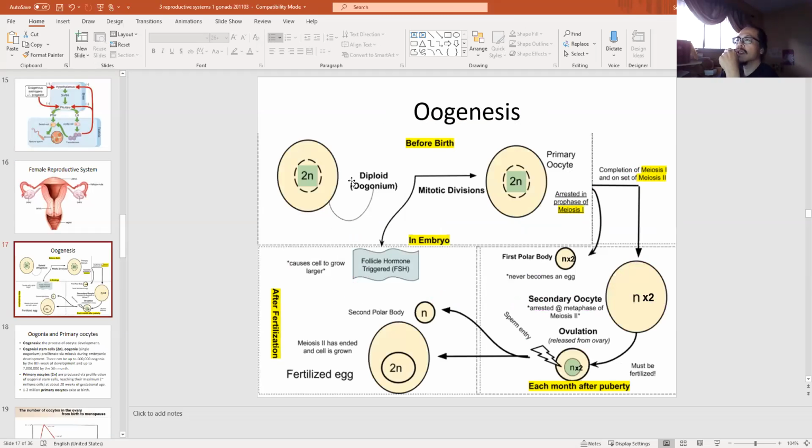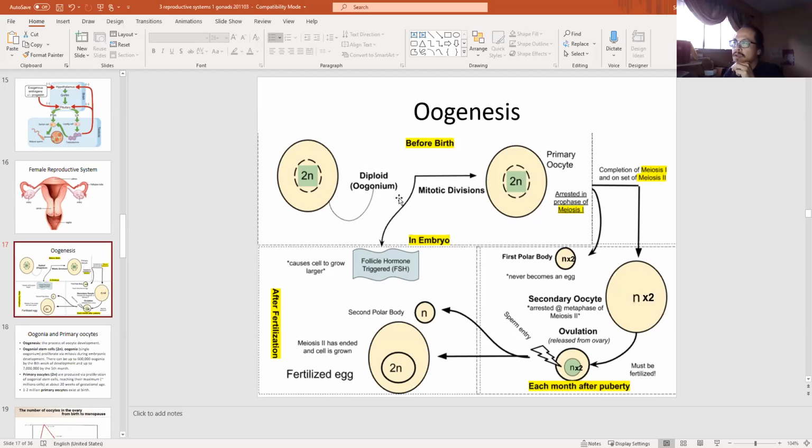This is the oogonia, and all this happens in the fetus. While our body develops all these organs and the ovaries get developed, we can tell at about 8 weeks of gestational age.